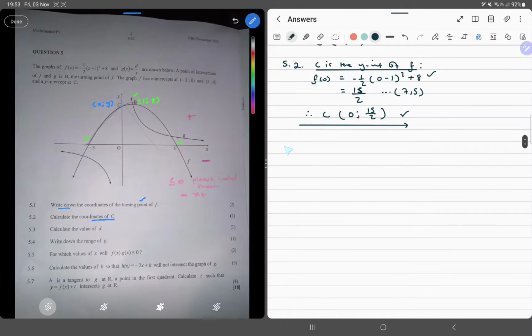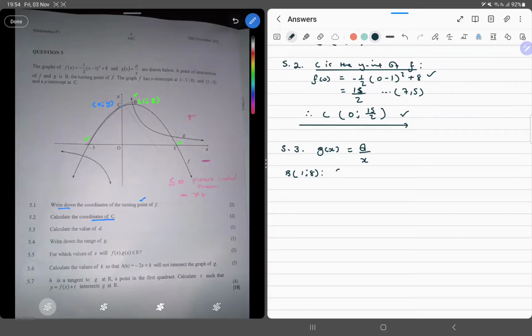All right, so 5.3. So we need nice, easy questions. Calculate the value of d. Can you see? Now we know that d is on g of x, which is equal to d over x. But now we know that through point B, because B is a point of intersection of the two graphs, the coordinates of B are essentially (1; 8).